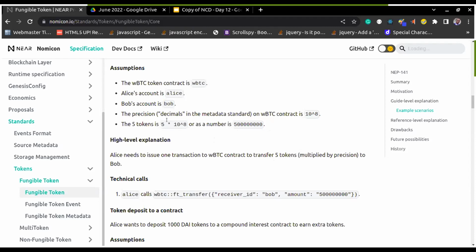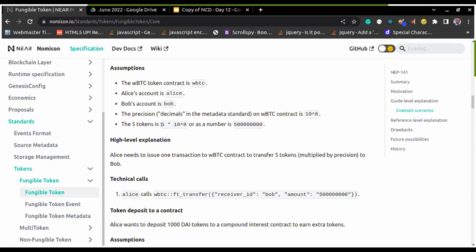So in this case, before these 5 tokens can be transferred, they have to be converted to the simplest, or what I call the atomic representation of that value within that fungible token smart contract. Like in NIA, before you can send any NIA token, if you wanted to send one NIA token, that value is first converted to Yocto NIA.